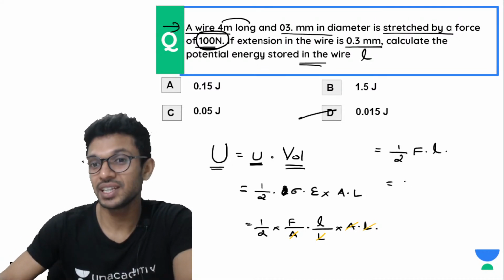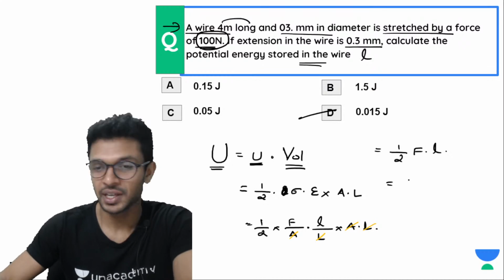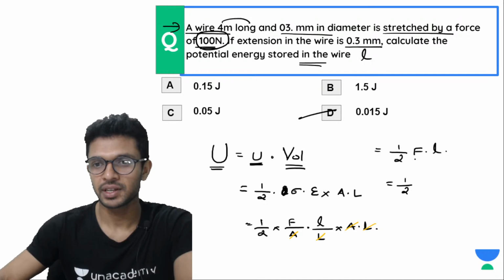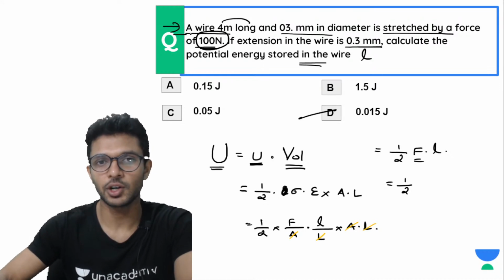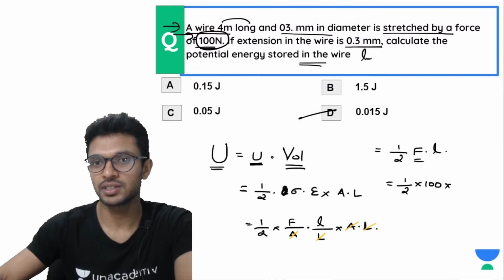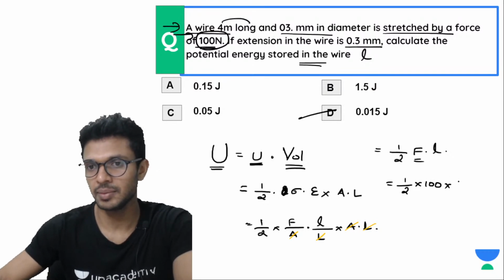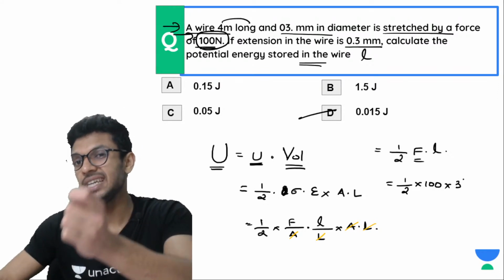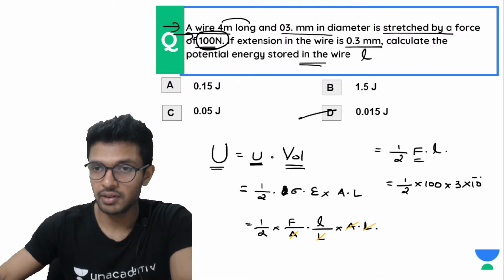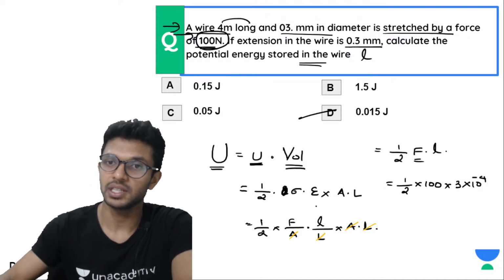Wow. Now even the calculation becomes simple, isn't it? Now you just want to put the values. Half, capital F is how much? The amount of force that is given, 100. And what is the small l? 0.3 millimeter. So 0.3 millimeter is 0.3 into 10 power minus 3 meter or 3 into 10 power minus 4 meters.